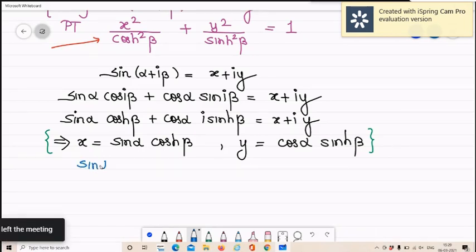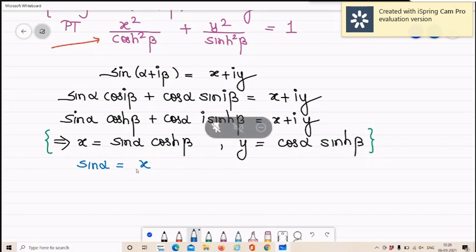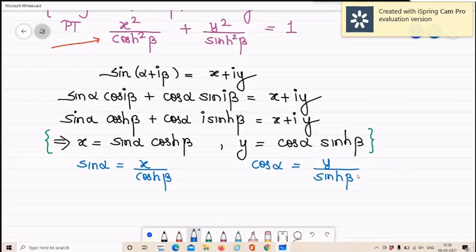I am going to write this as sin alpha is x upon cosh beta, and here cos alpha. Is this understood? Tell me right now in the chat box. Yes. Ma'am, how did this come? Sin alpha is equal to x upon cos hyperbolic beta.